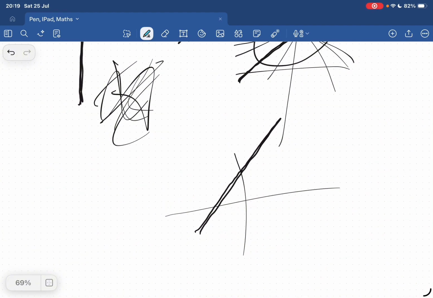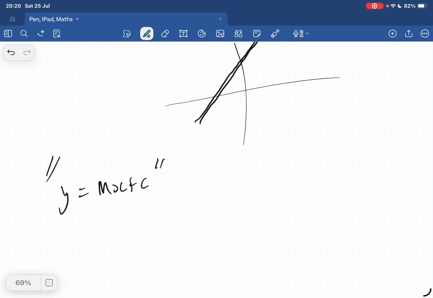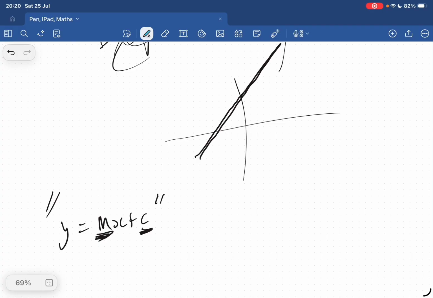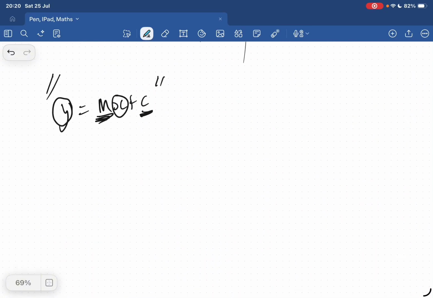And that's what our formula beautifully represents, because it is beautiful. You give me a certain gradient and a certain point, and I can tell you every single value of x that makes every single value of y, so every single point that must be on this line, just from this formula. These straight lines go on forever.